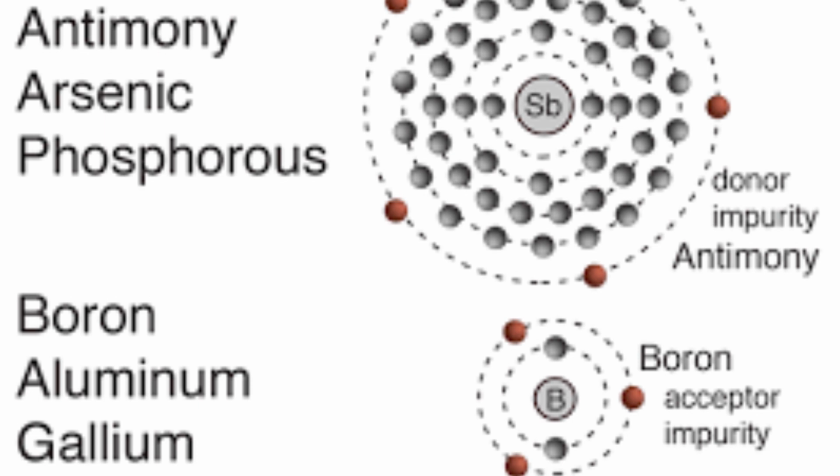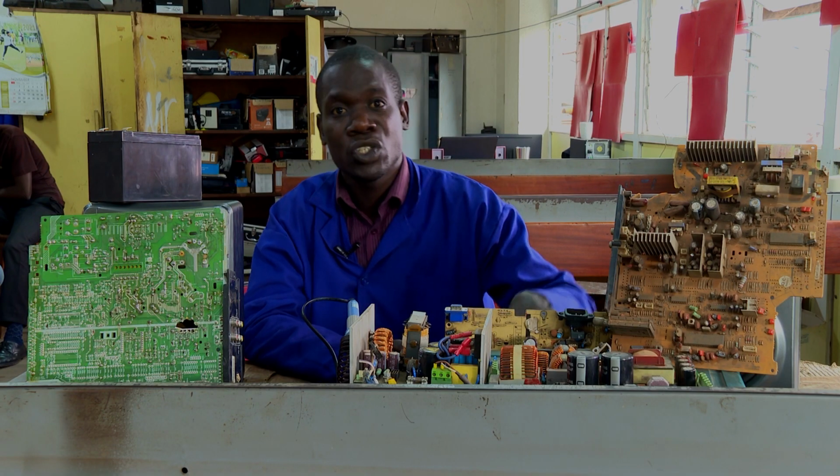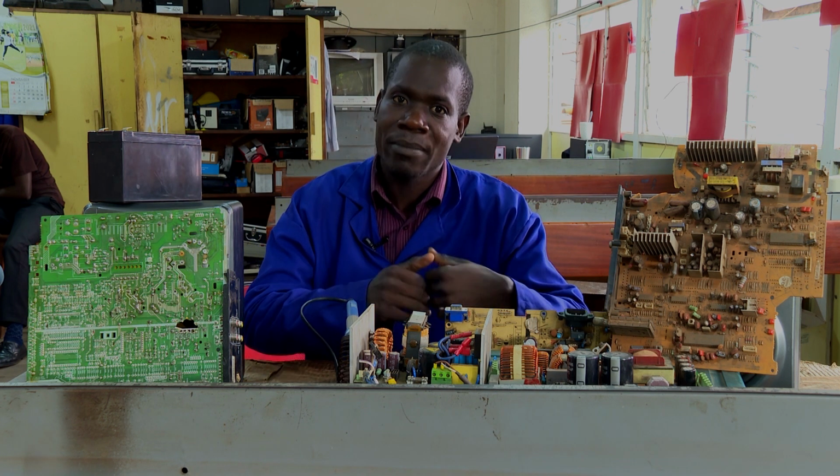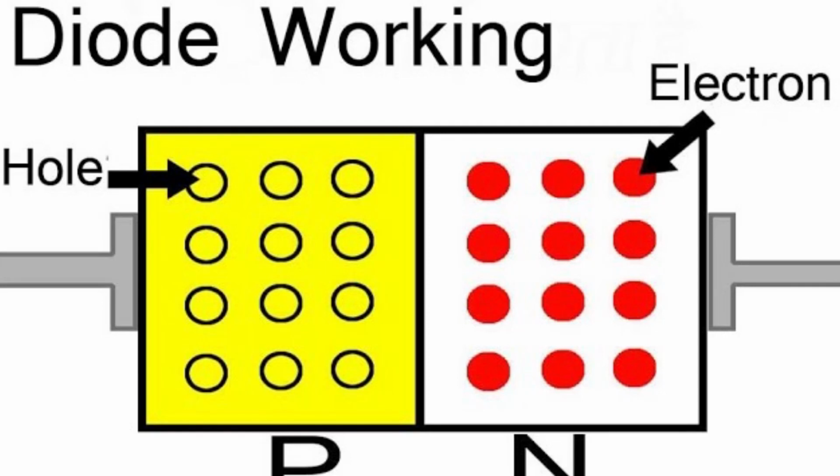The other side, when you add aluminum, which has 3 electrons, becomes positive. Remember, the positive side of our diode has holes, and the negative side is covered with electrons.